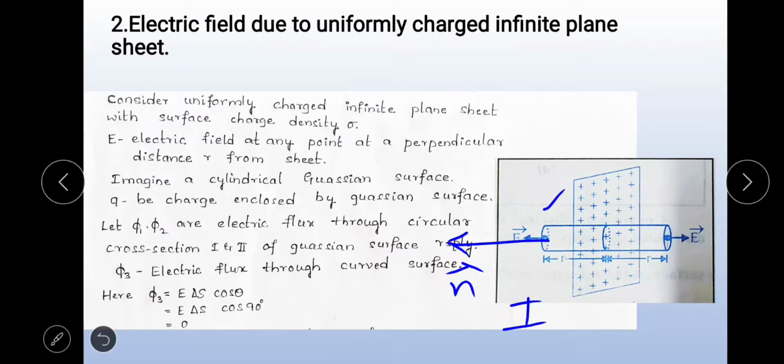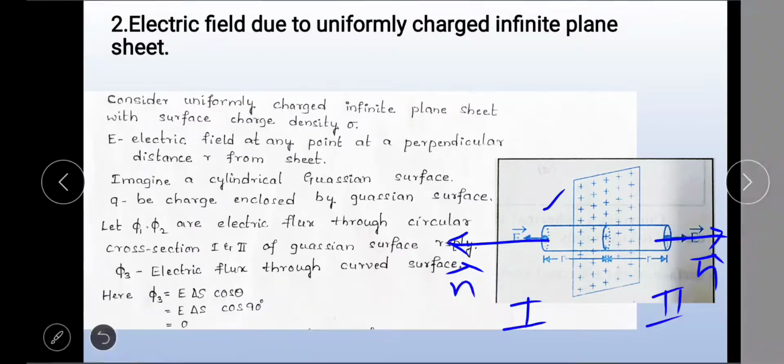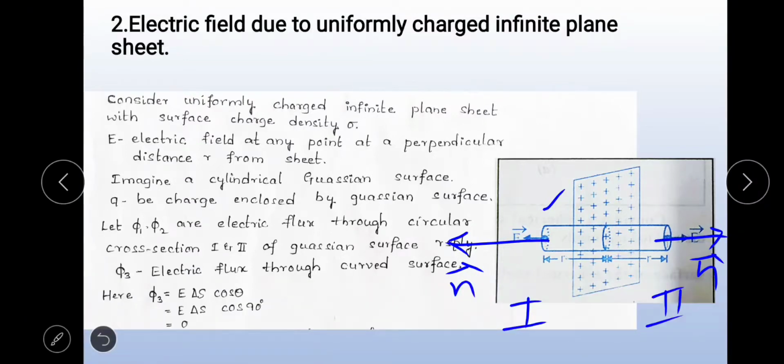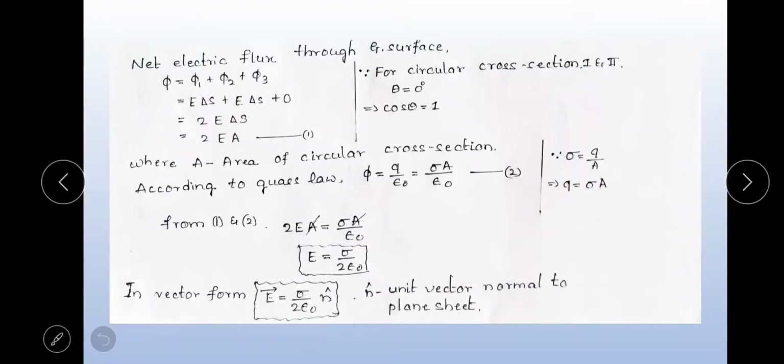Hence both are along the same direction, hence theta equal to 0 degree. Similarly, for the second circular cross section, this is the direction of electric field intensity, and here n cap is drawn. Here also vector E and n cap both are acting in the same direction, so theta is equal to 0 degree. Hence we get phi equal to 2E delta S.